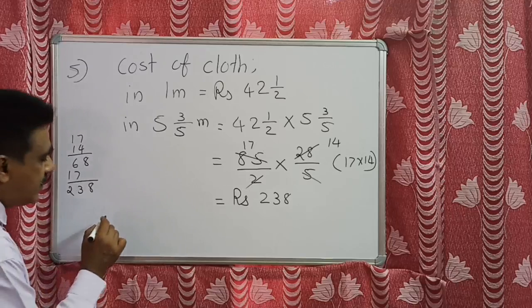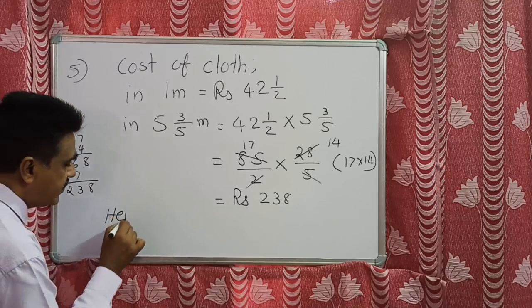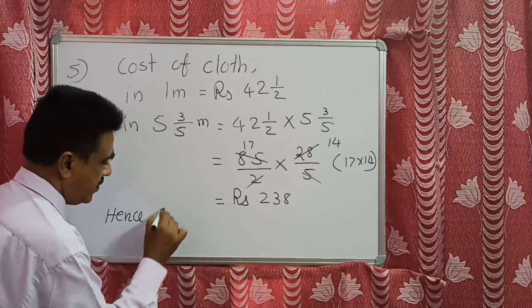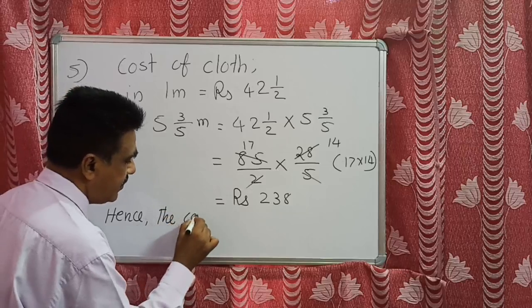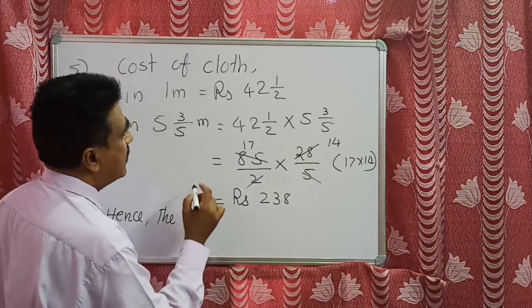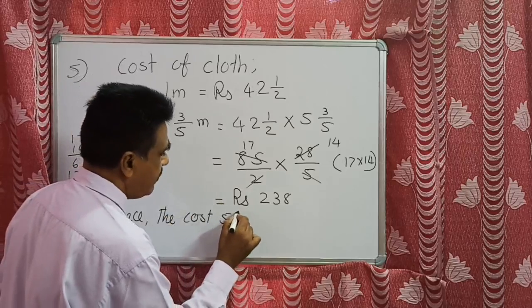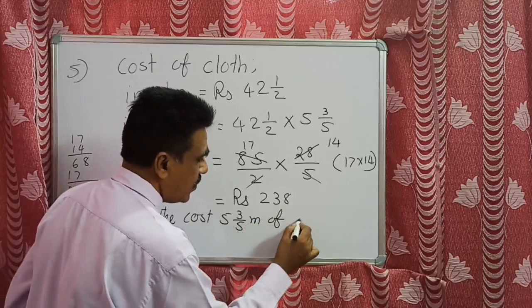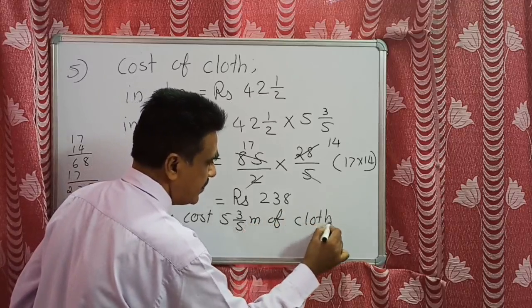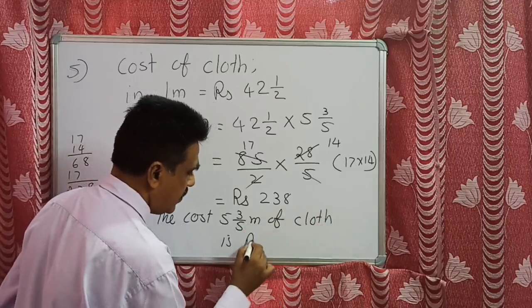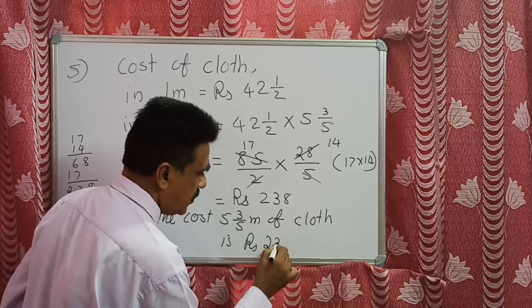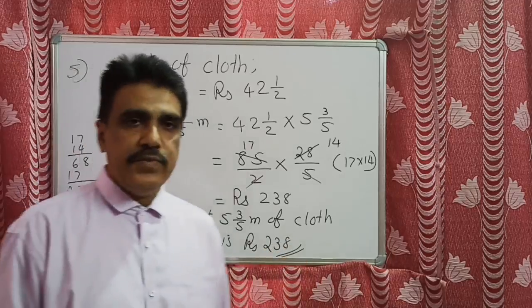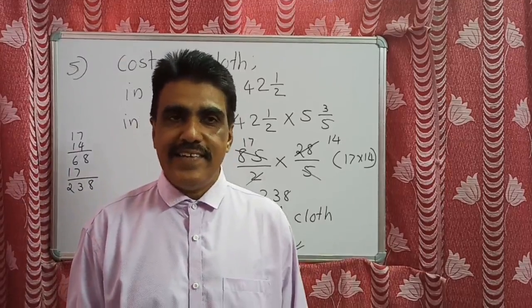We can conclude, hence, the cost of 3/5 meter of cloth is rupees 51.